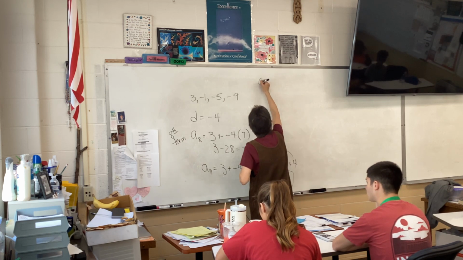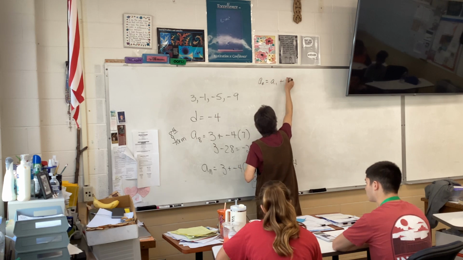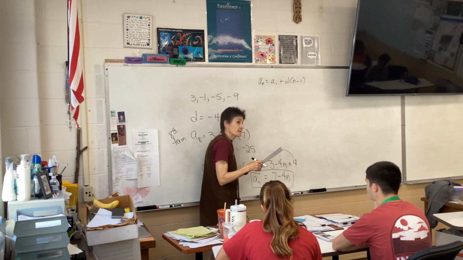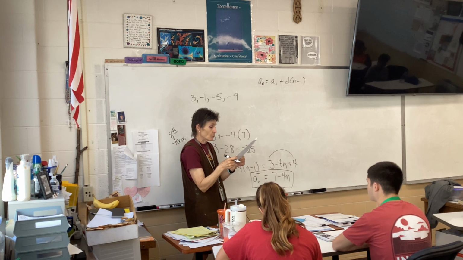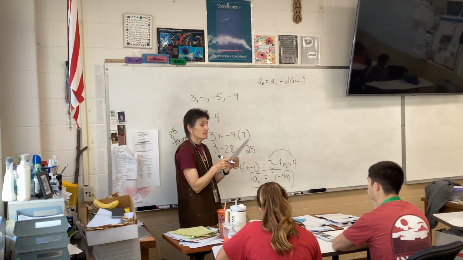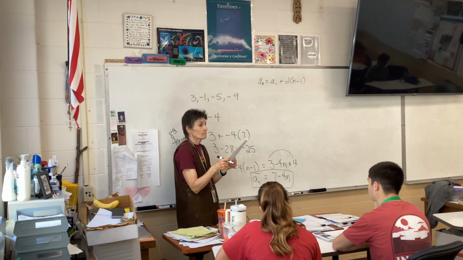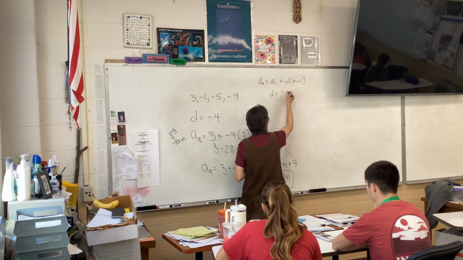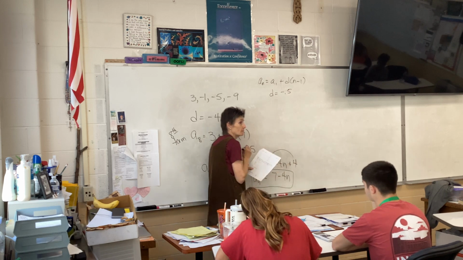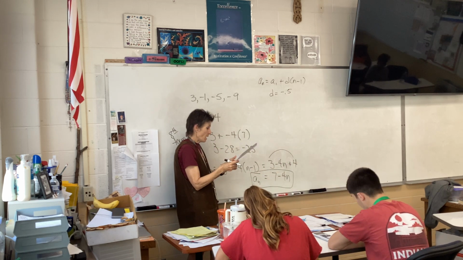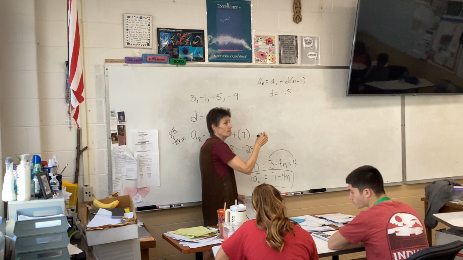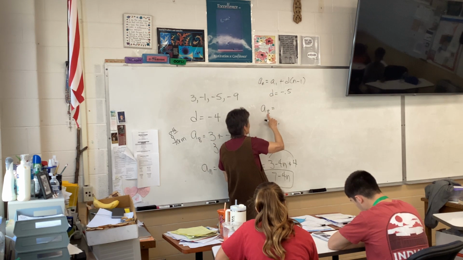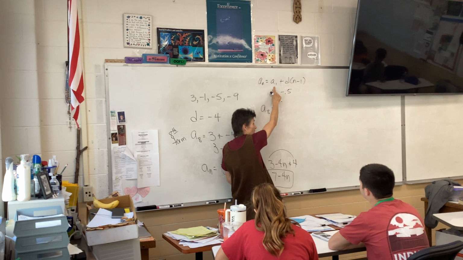All right, my formula up here. All right, so the next one, B, would you agree that B is arithmetic? Yep. What's the common difference? -0.5. So I want to know the 8th term. All right, so use your formula. You're going to find the 8th term. So what do we need?